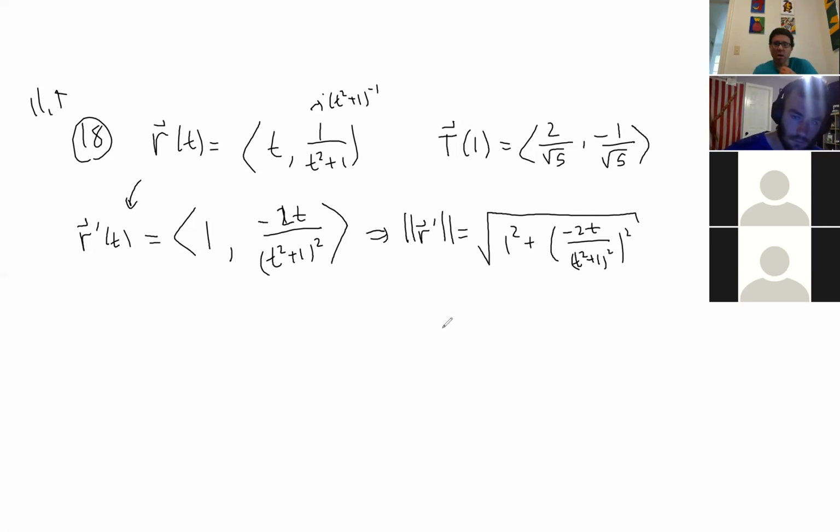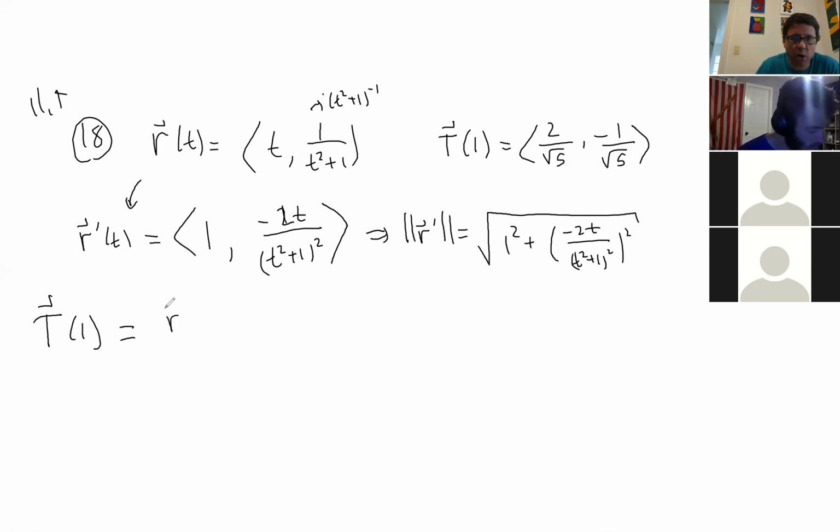That'll be the length of r prime. Now, I could simplify this out and divide, but in this particular problem, I only need to worry about t of 1. So let's do as little work as we have to here.